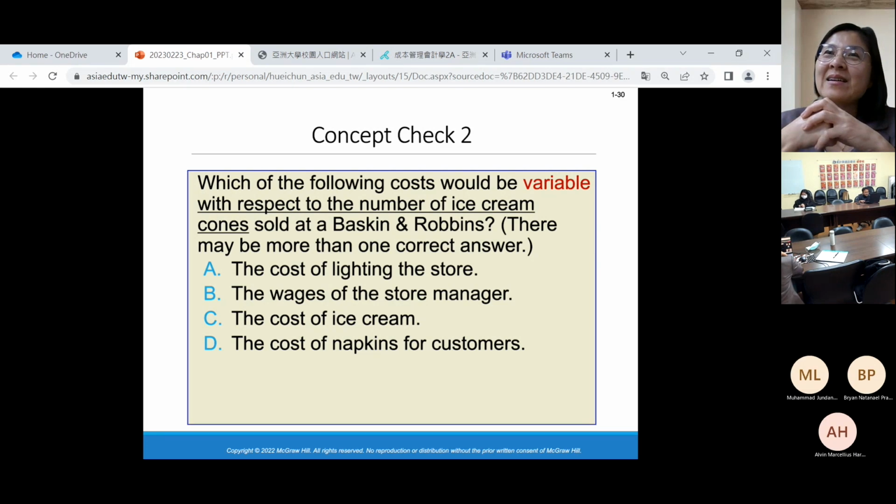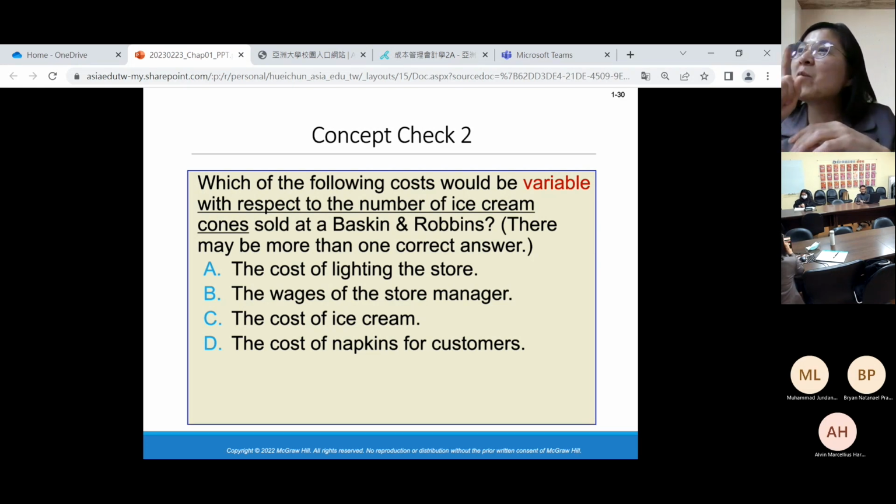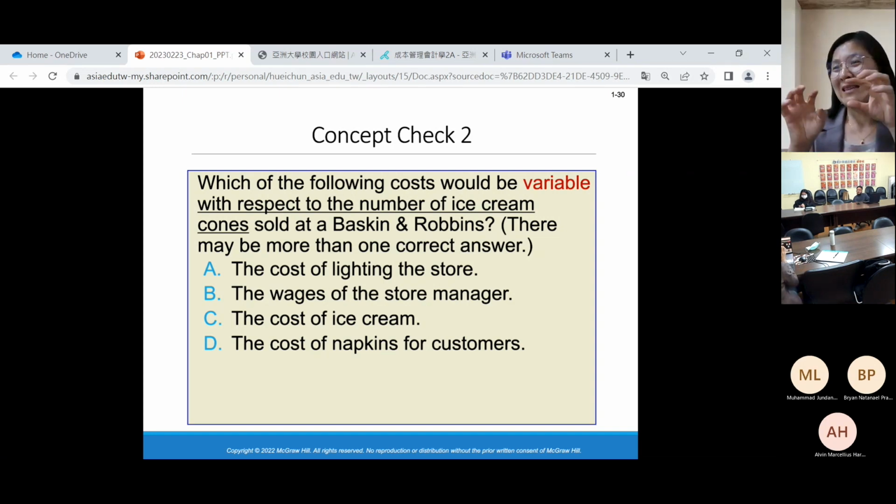Basically, one customer needs one napkin, right? But the cost for the napkin is not significant. So if you think that's a direct variable cost, you have to specify the quantities.